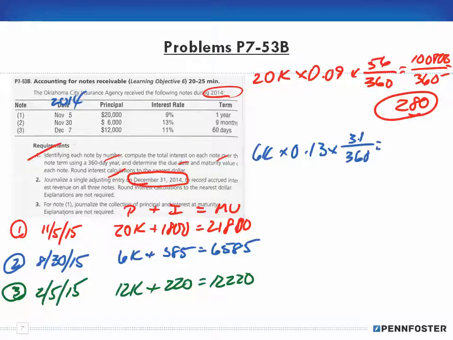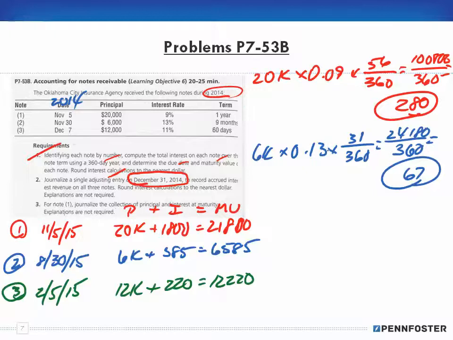So 6,000 times 0.13 times 31 is 24,180 over 360. Divided by 360 gives me 67.1666, but remember we're rounding, so it's 67.